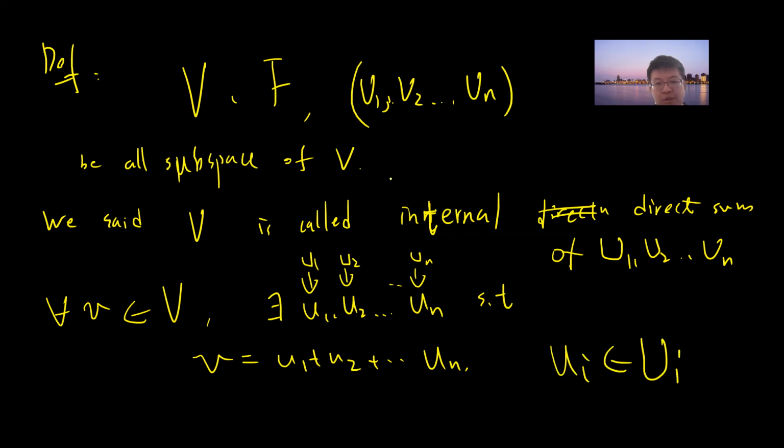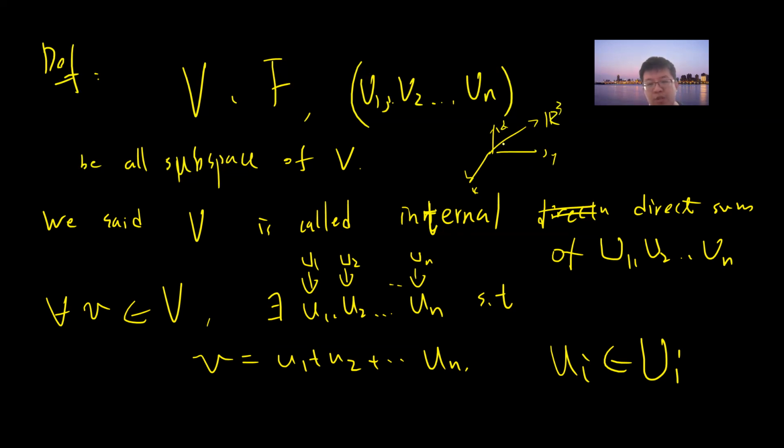This idea means that given a vector space and any element v, you can write it as a linear combination from each subspace. One idea is that in 3 dimensions, you write any vector in R3, and you can decompose it into x, y, and z.